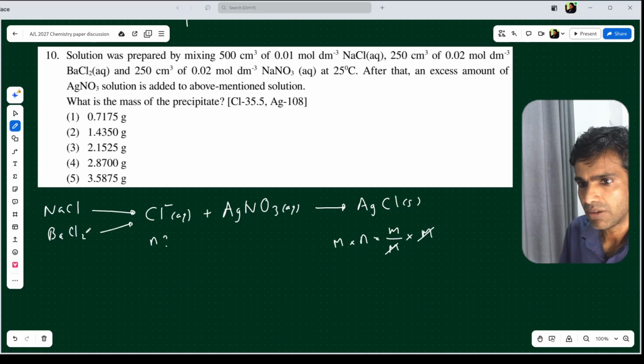To calculate the number of moles of chloride ions released by barium chloride, we need the number of moles of barium chloride. Then we can add those two to get the total number of moles of chloride ions. So we need to start the calculation from the number of moles of sodium chloride. So this is our rough work.